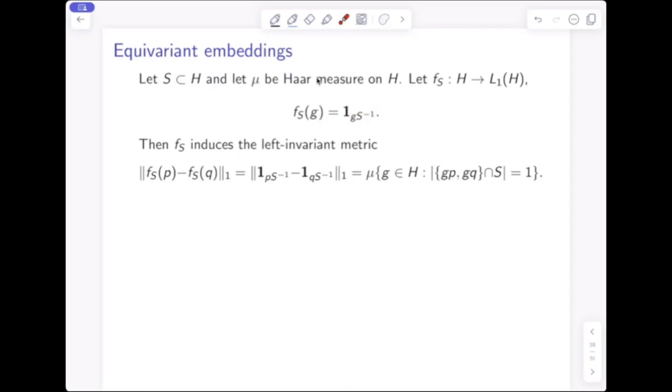The reason I have that inverse is because I want this formula: you can calculate that f sub s induces the left invariant metric, so that the distance between fs of p and fs of q is the measure of the set of G in H such that this intersection has one element. What that means is that this is the set of translates of P and Q so that one of those points lands inside S and the other one doesn't.